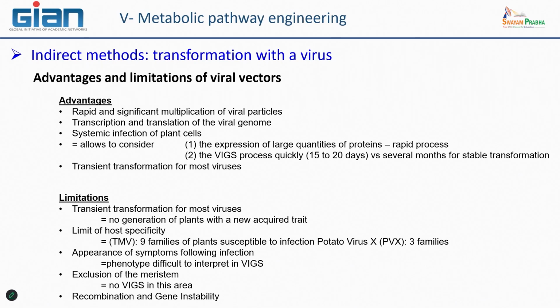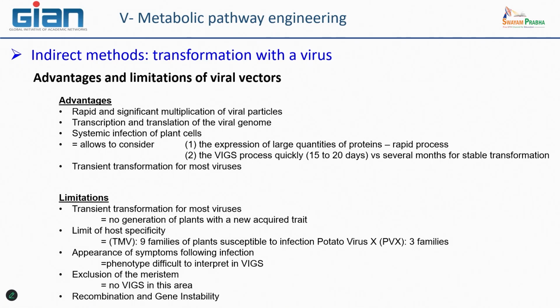We can use this type of process to express a specific protein, which is a very rapid process, in some hours. Or we can also do what we call a VIGS process quickly, in 15 to 20 days. Now it's less than this time, in order to characterize, for example, a new enzyme, a new gene encoding a new enzyme.